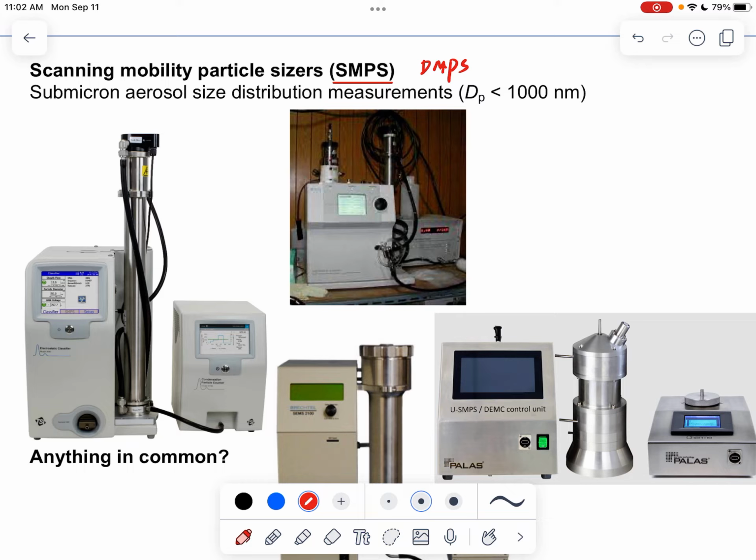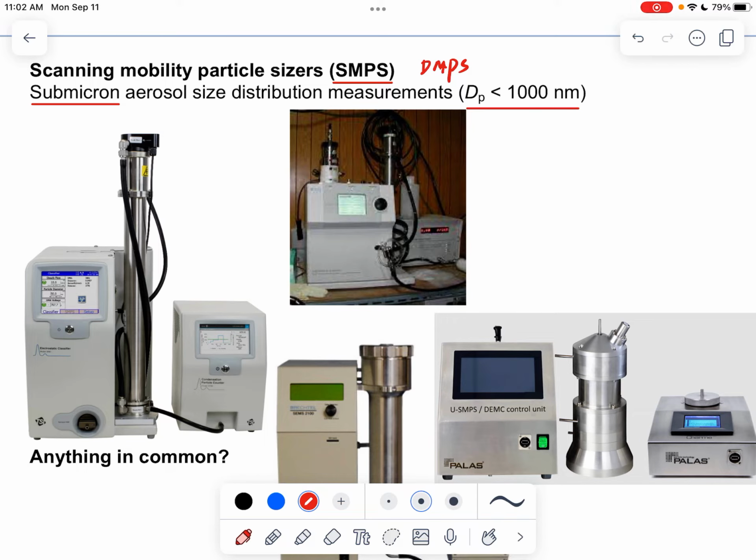The SMPS or the DMPS are the most widely used instruments to monitor the aerosol size distributions, especially for aerosols with sizes below 1,000 nanometer, or submicron aerosols.